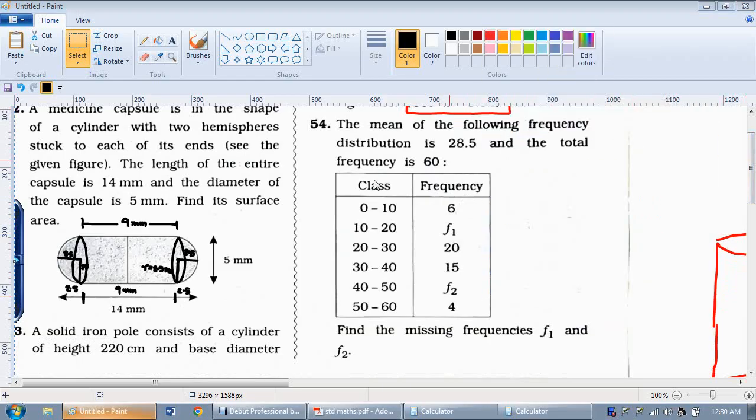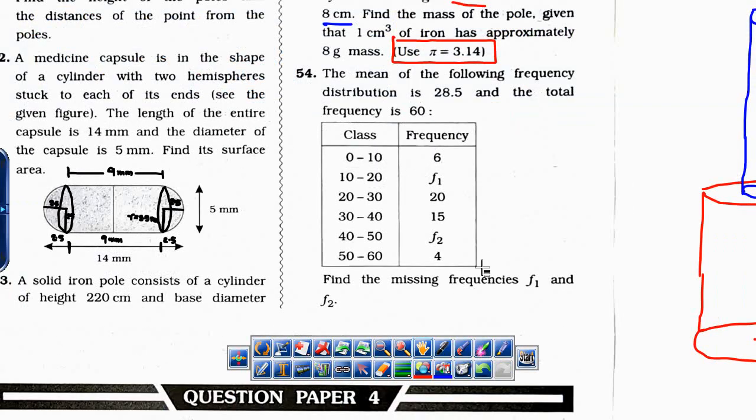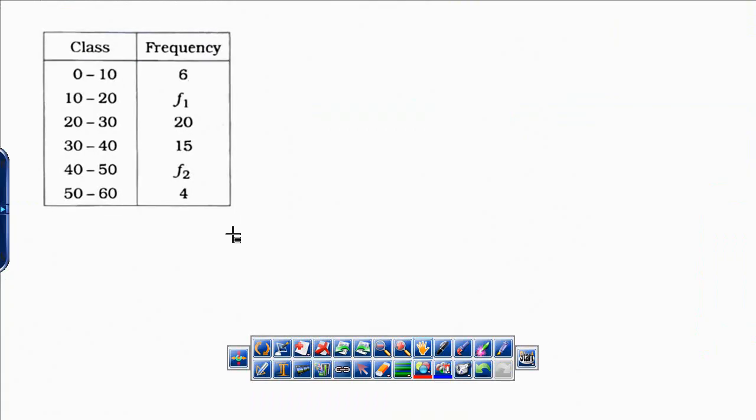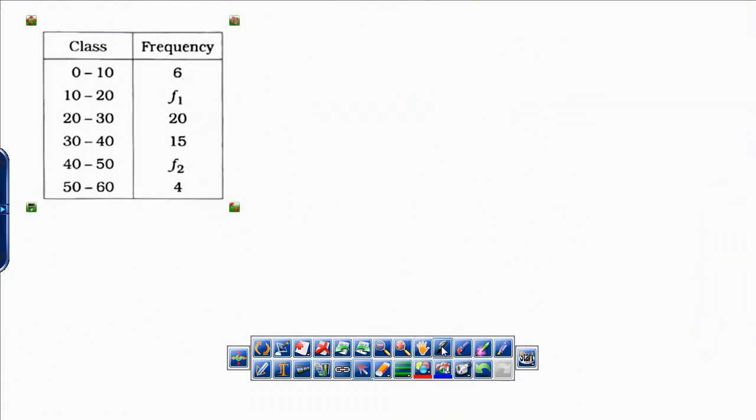Sum of frequency is 60. पहले क्वेश्चन कॉपी करते हैं. To start the sum, find your own sum of frequency. 6 plus 20 26 plus 5 31 41, 45 plus f1 plus f2.